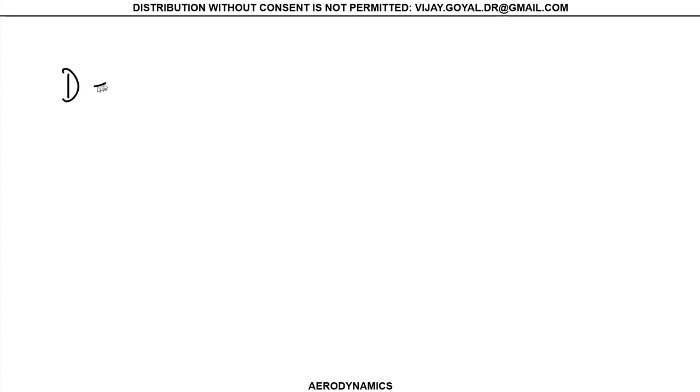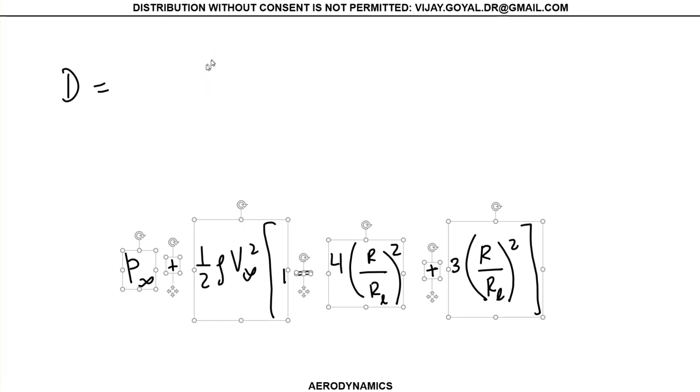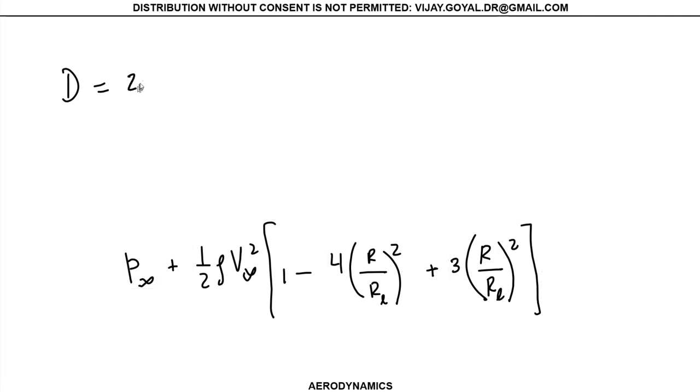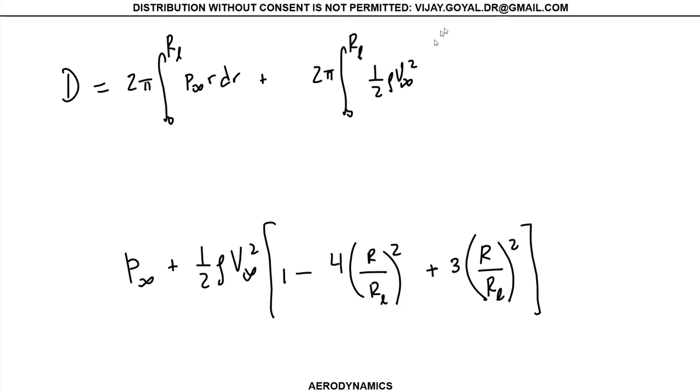So the whole equation then becomes, the first term is 0 because it starts at 0 to RL. Then it is P infinite R dR plus the second term. This is 2 pi, 0 to RL, 1/2 rho V infinite squared.